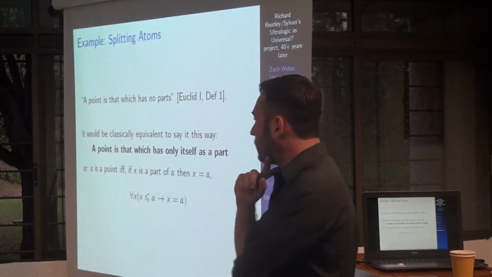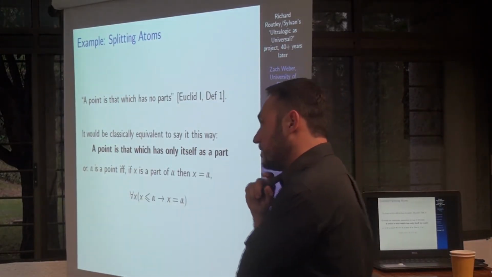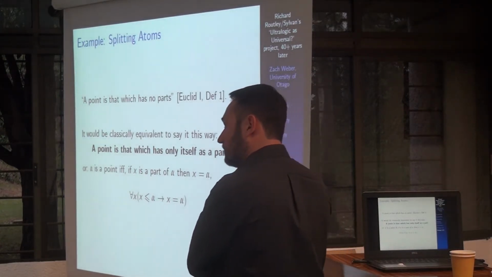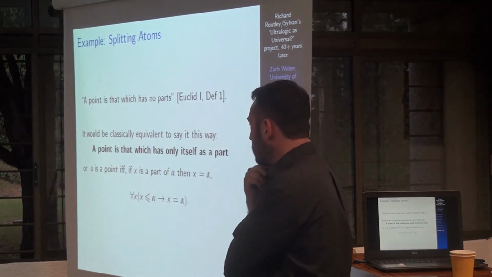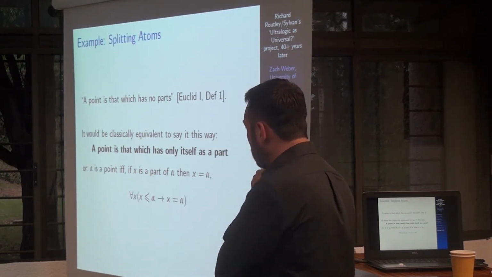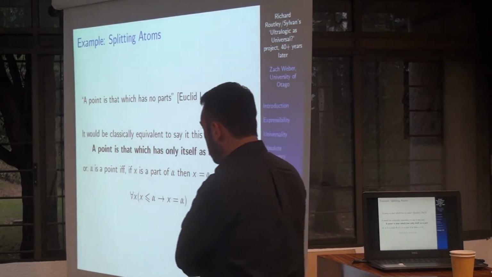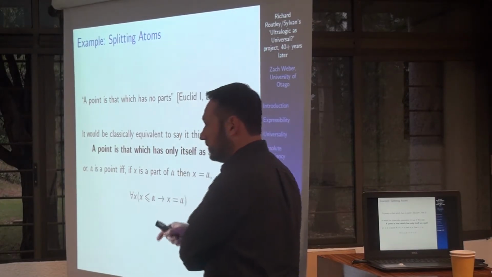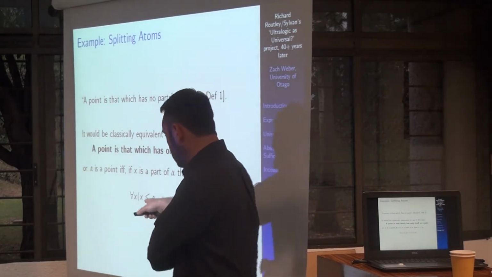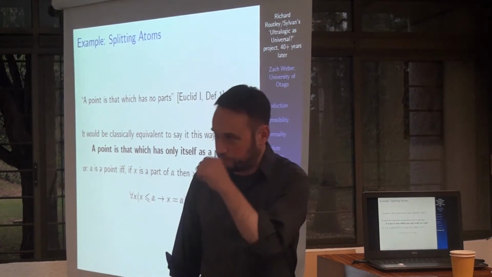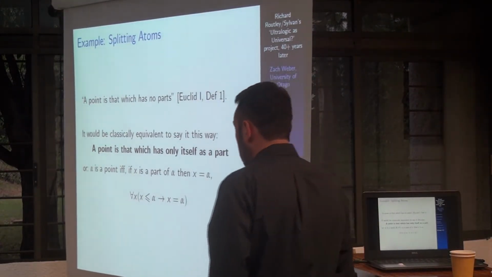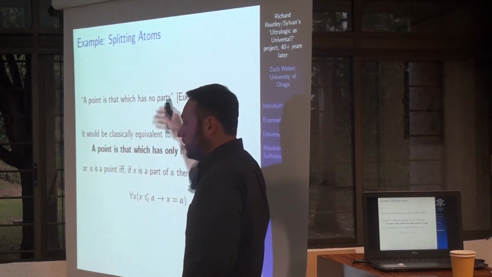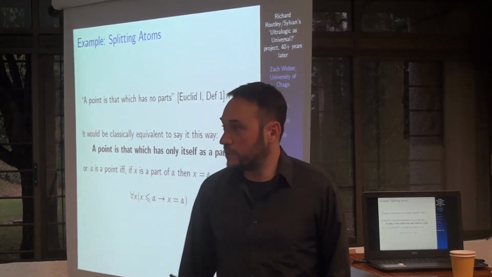If you wanted to formalize that a point is that which has no parts, in an exercise in first-order logic you might say it's a conditional: a point is that which has only itself as a part. Alpha is a point if any part of alpha is alpha. The ordering relation is meant to be the parthood relation. So for any x, if x is part of alpha, then x equals alpha. That would be a way of formalizing the Euclidean thought.